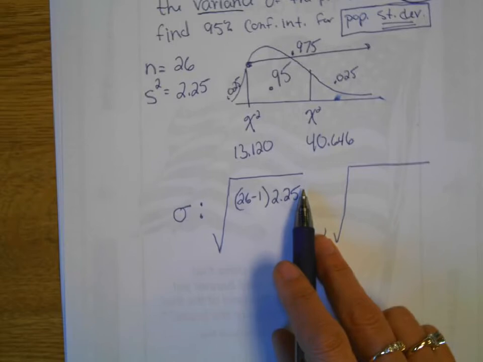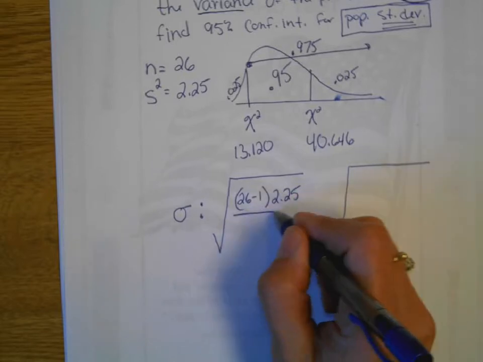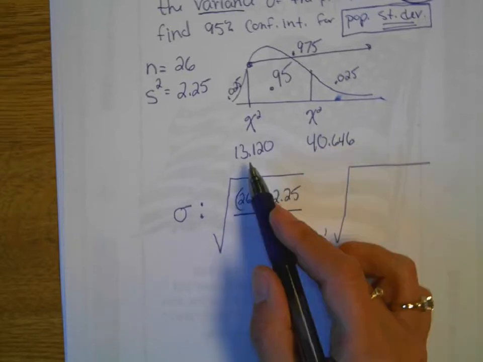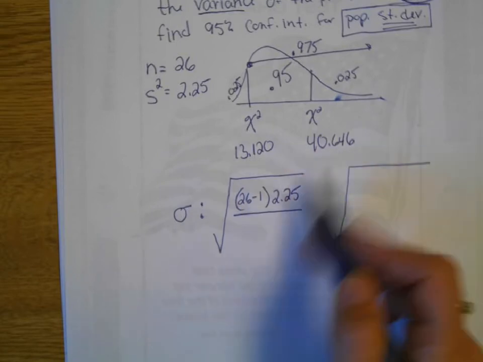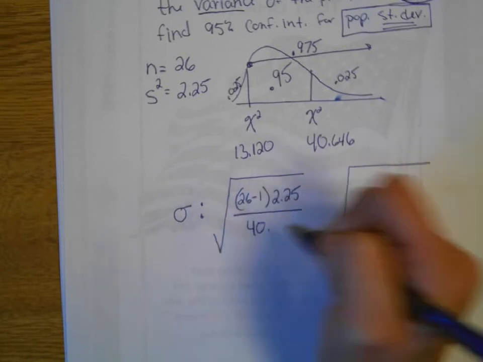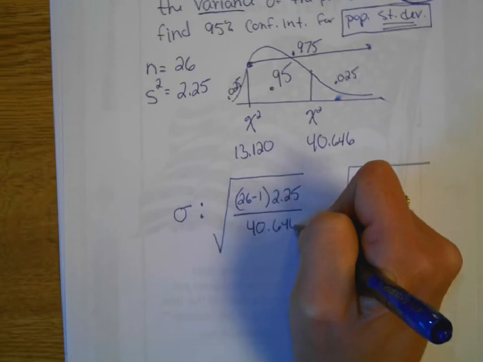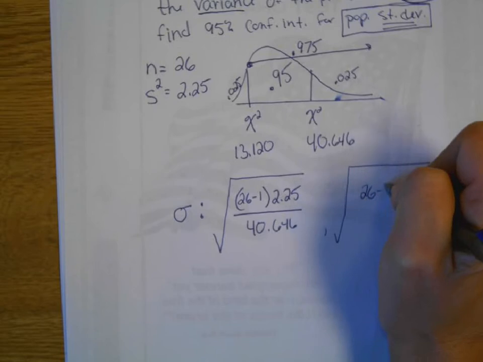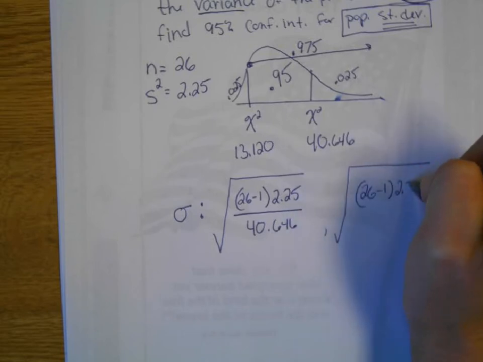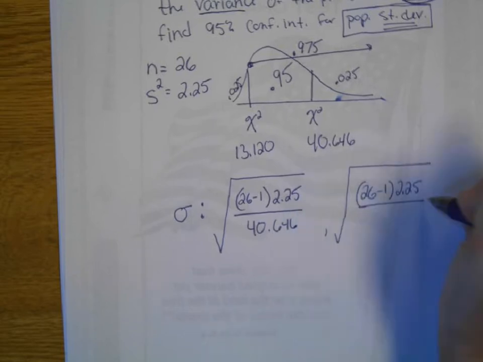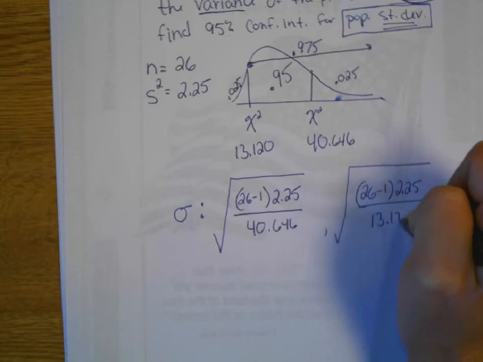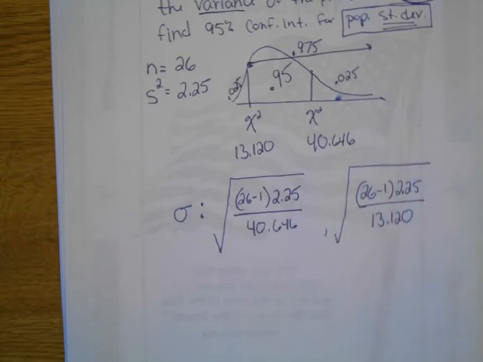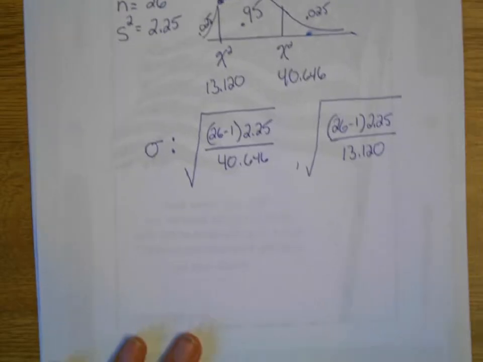This gets divided by the 40, and the other one is the same on top with the 13.120 on the bottom. And then it's calculator work.